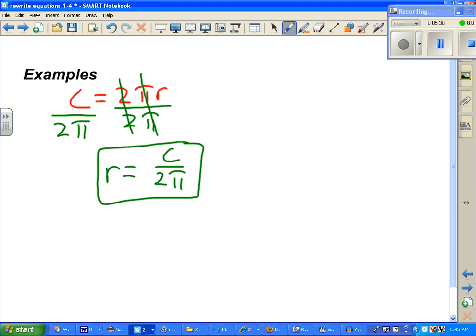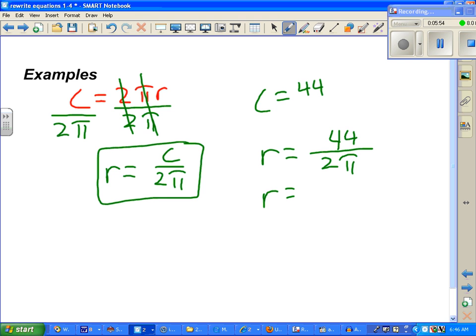Okay? We're just solving. Now, the second part of that question, it says, if the circumference is 44, what's the radius? Well, now that I've got it solved, I just plug in 44. They're telling us that the circumference is 44, so I'm going to plug 44 in for C and divide things out.